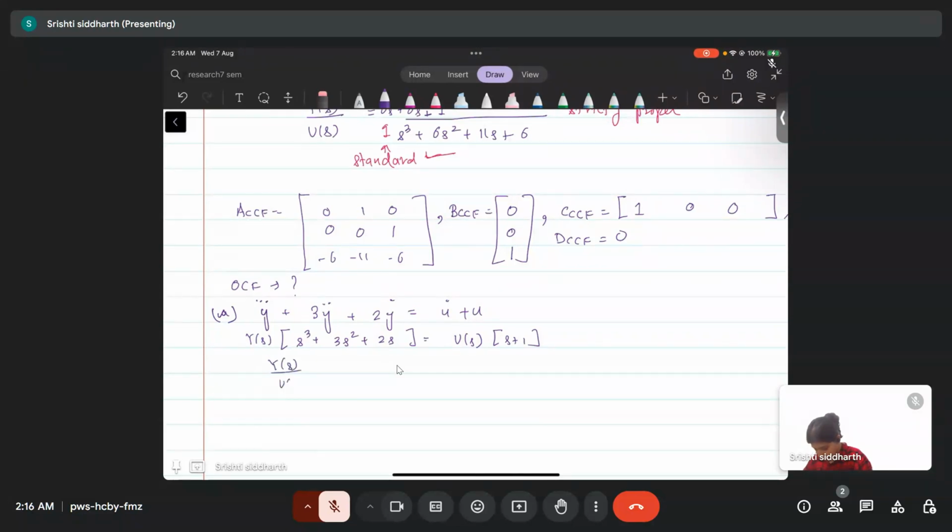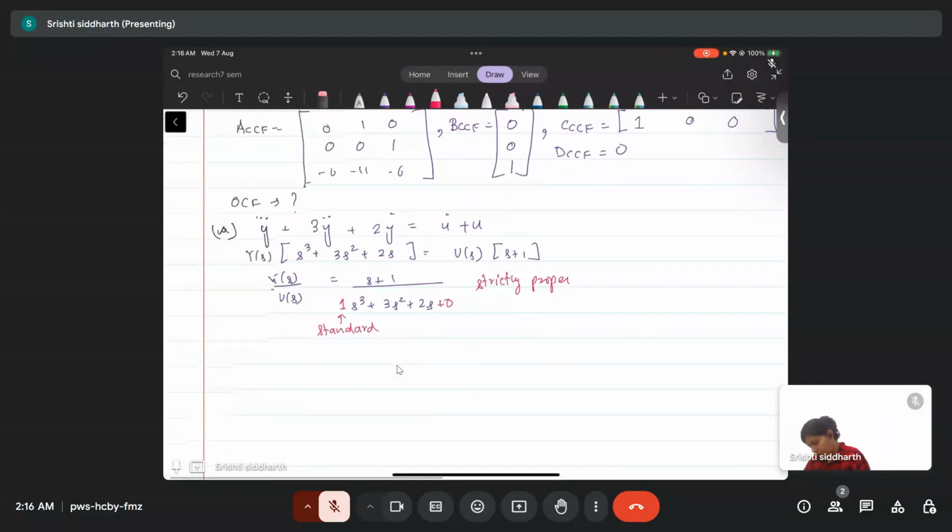The transfer function is going to be s plus 1 over s cube plus 3s squared plus 2s. Just observe that the last coefficient is going to be 0. It's still in standard form, and this is strictly proper.